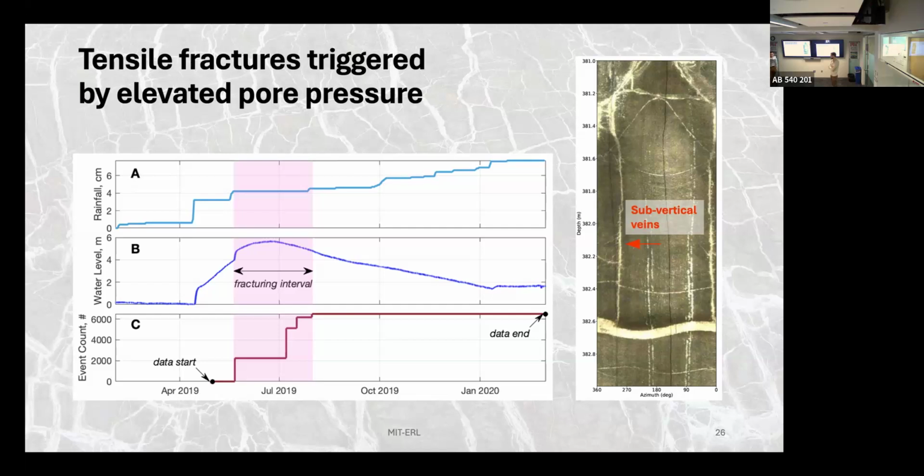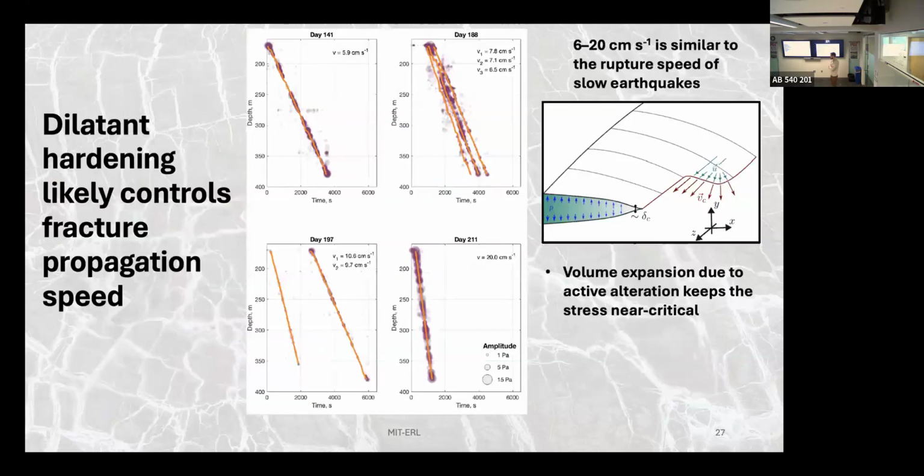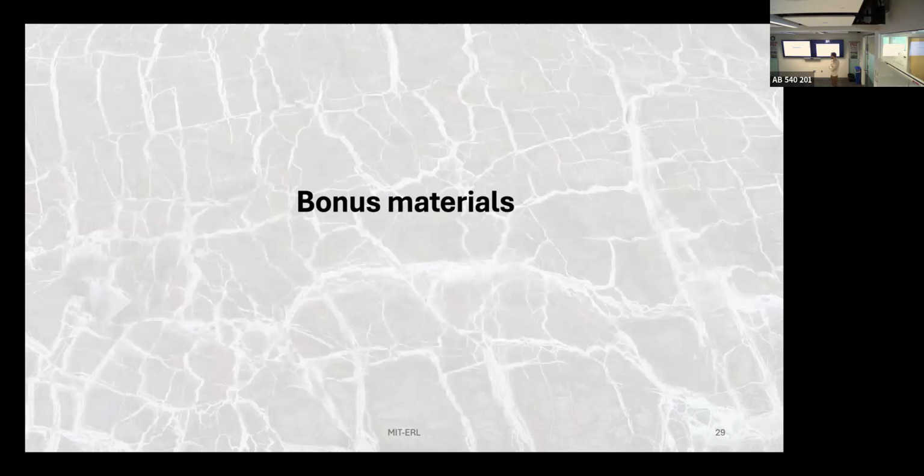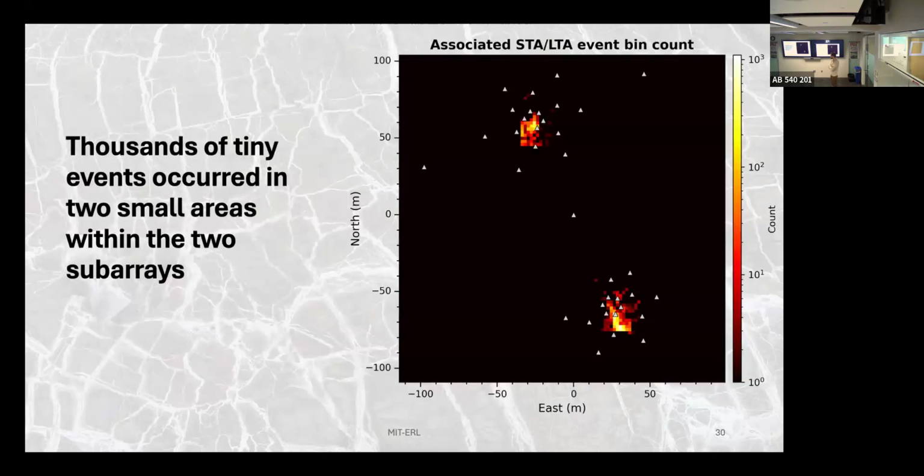I can quickly show you something that I saved in case we have enough time. There are some earthquake seismologists here, and nowadays people are interested in small seismic events, and we did see the quote-unquote small seismic events within our arrays. This is the heat map of them. What's interesting is that they're clustered in some very limited, narrow areas that are just a few meters by a few meters.